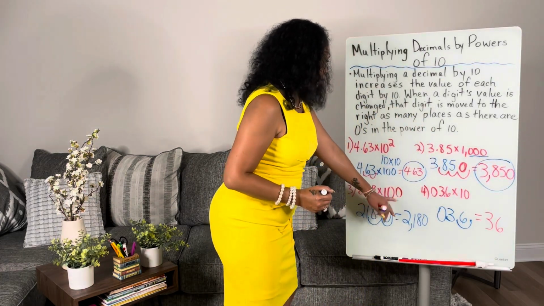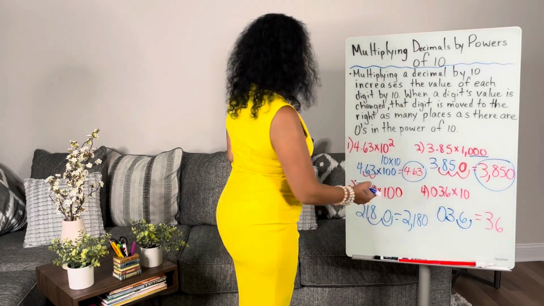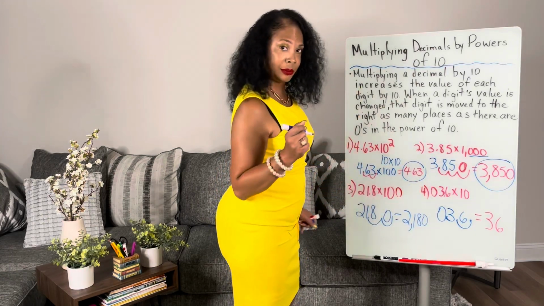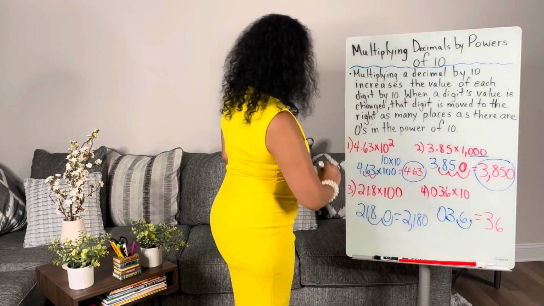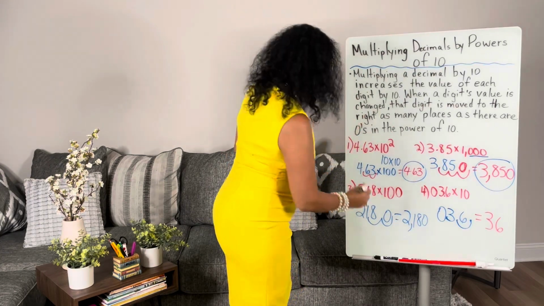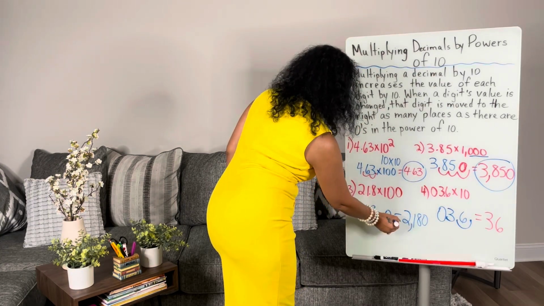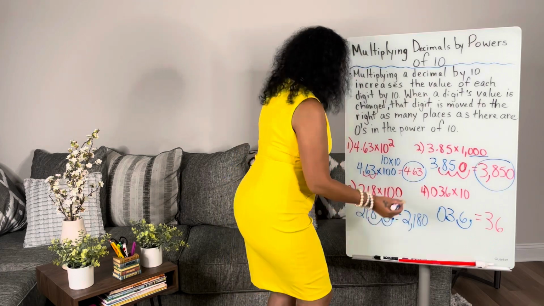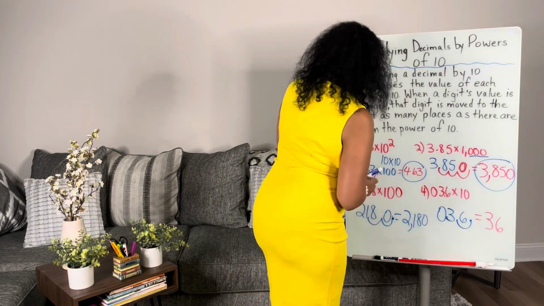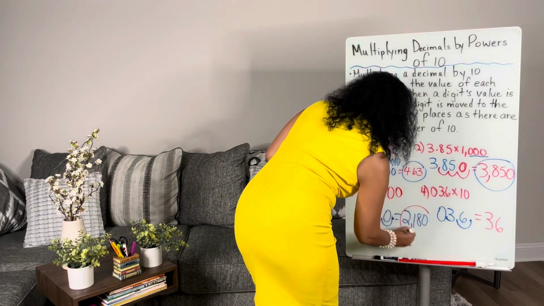And this power of 10, right, we have 2 zeros, and we moved the decimal twice, 1, 2, okay, and our answer was 2,180.